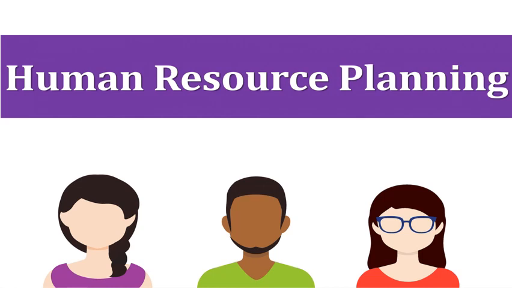Any organization must ensure that they have the right kind of people at the right positions at the right time, and that is only possible with proper human resource planning. So human resource planning is all about the process of putting the right person at the right job at the right time. We are going to see in this lecture all about human resource planning.